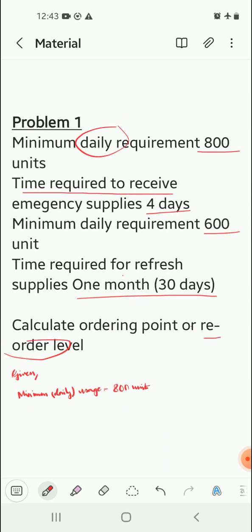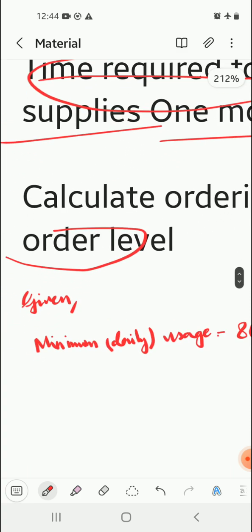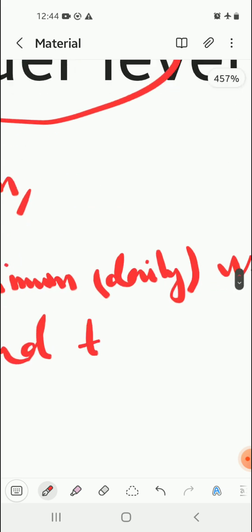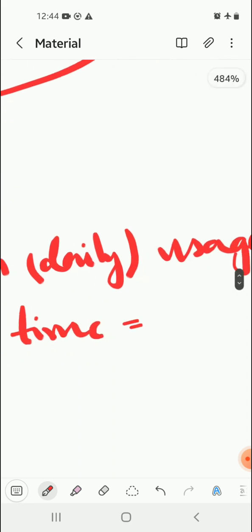See, the time required to receive emergency supplies, and next is time required for refresh supplies. So the time required for refresh supply is what is the lead time. So lead time is equal to 30 days.